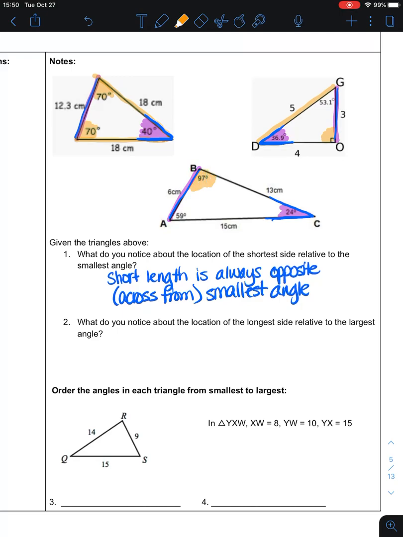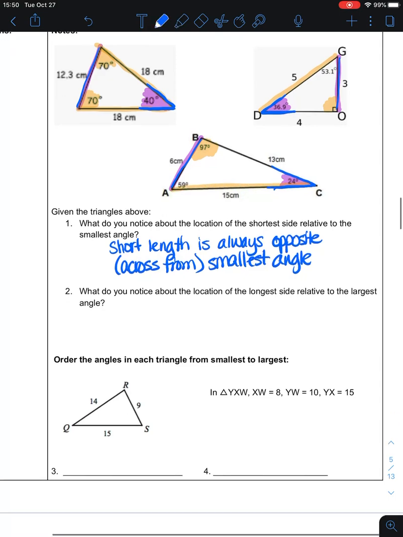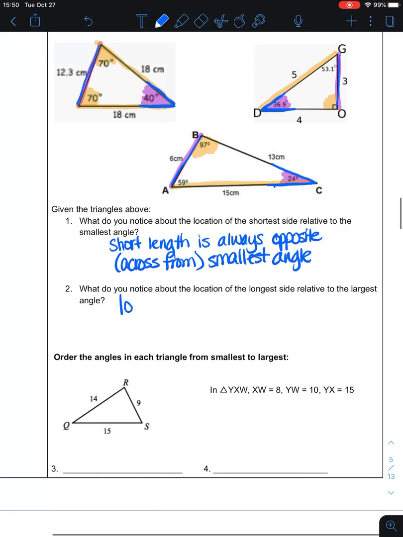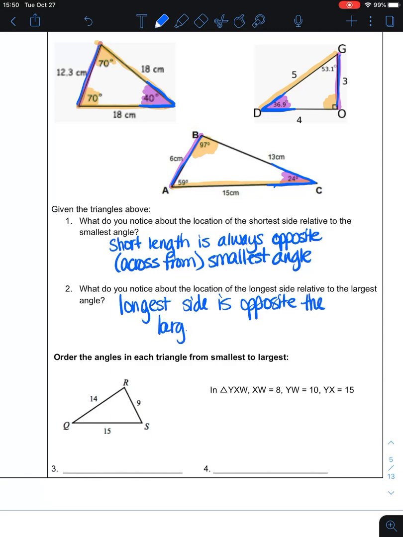And then in ABC, my largest angle is this obtuse angle, 97, and the longest side is 15 centimeters. It's no accident that the same thing happens, that the longest side is opposite the largest angle.